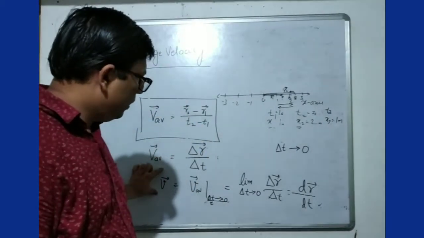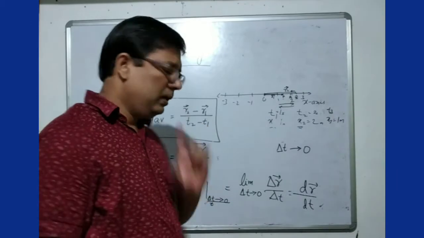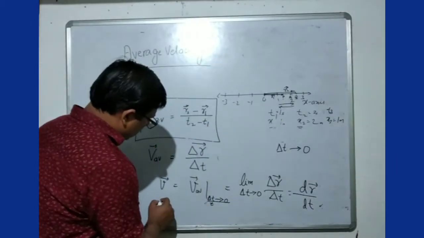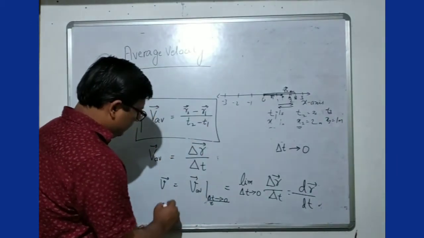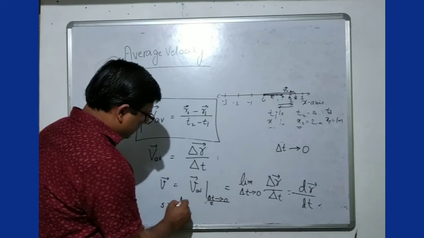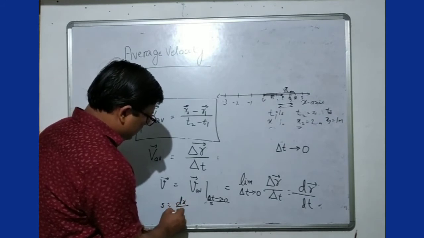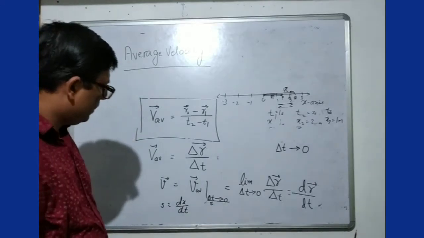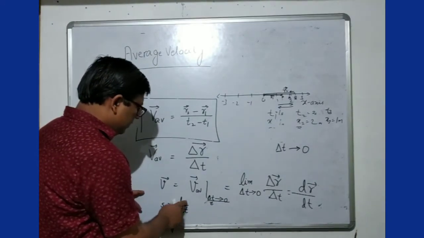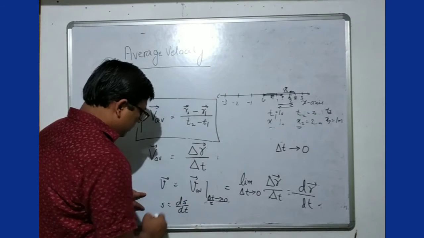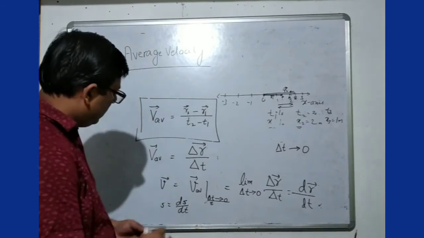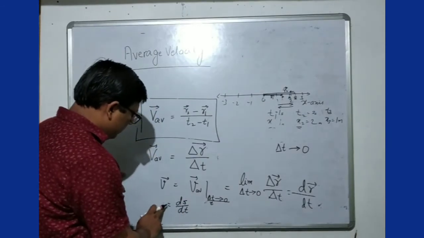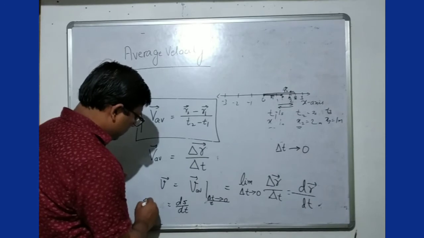Now this velocity and the speed we have calculated, that is s, that means dx by dt, or here we can write ds by dt, and this is our speed.